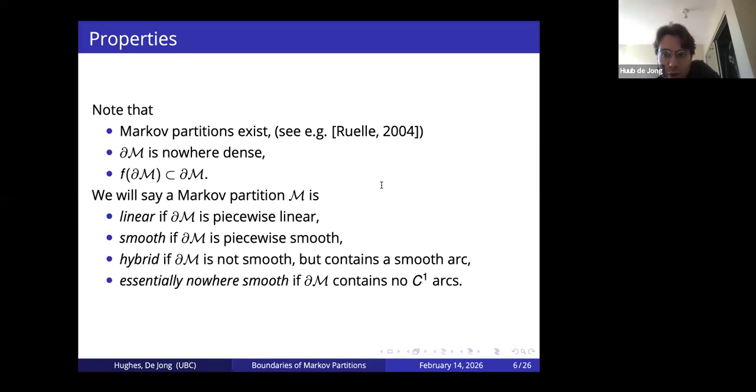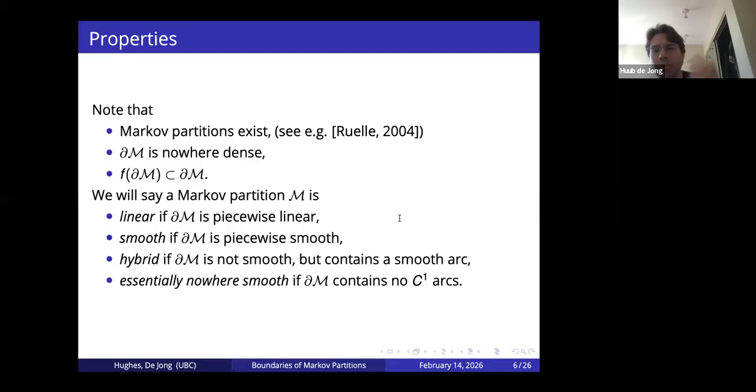And for this talk specifically, I want to focus on this case of hybrid. Here it's kind of an arbitrary choice of what we call hybrid, but we mean that the boundary of a Markov partition is not smooth in the sense that it's not piecewise smooth, but it does contain a smooth arc.